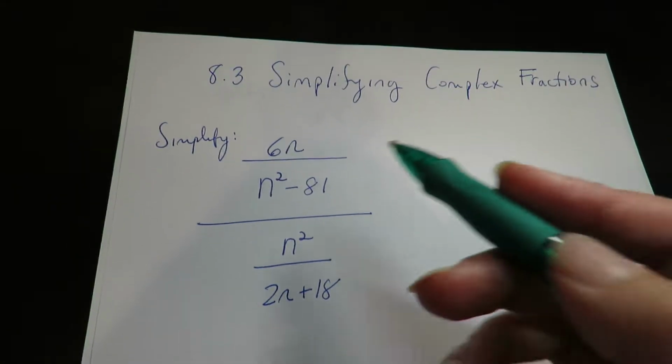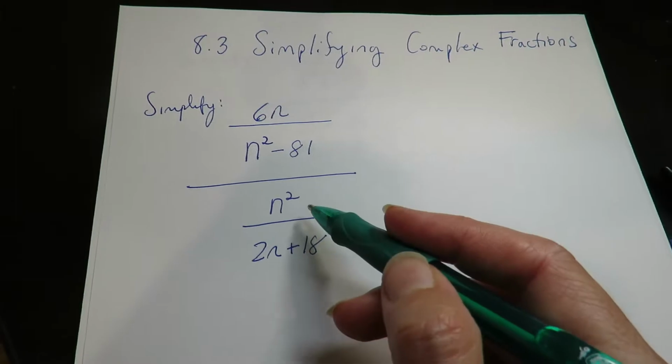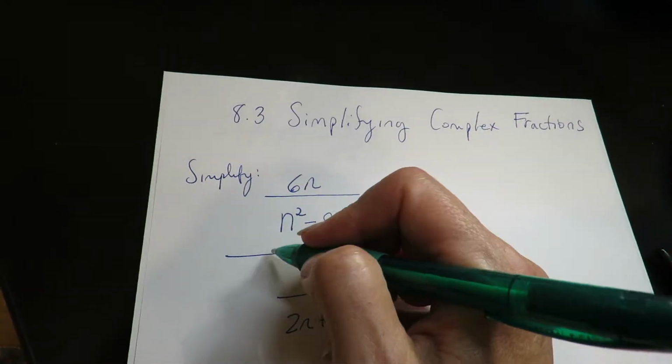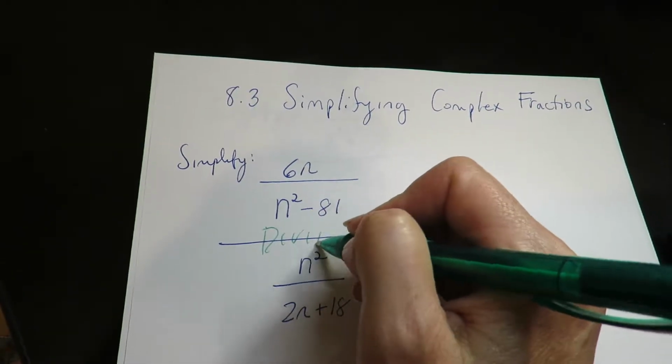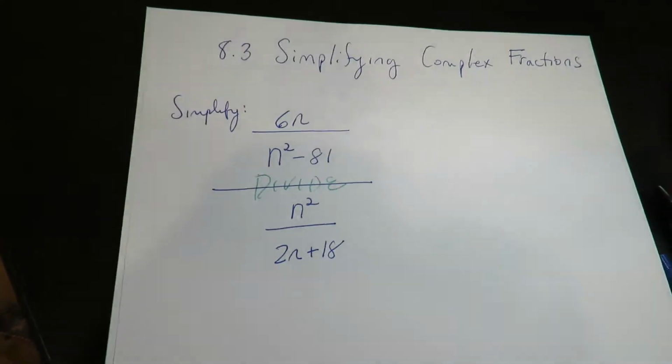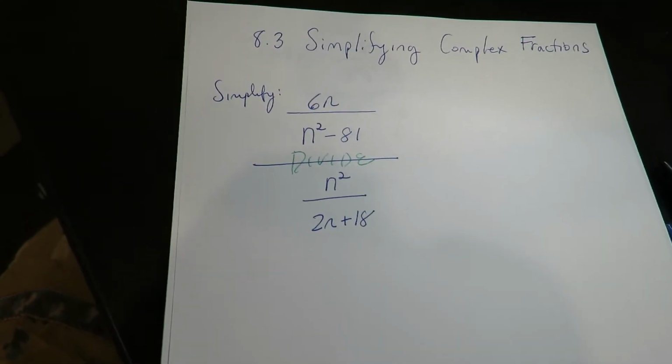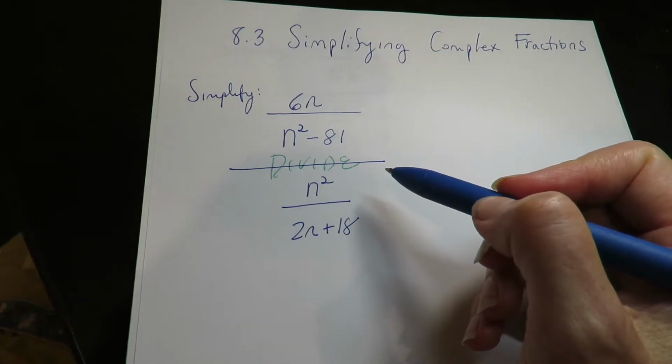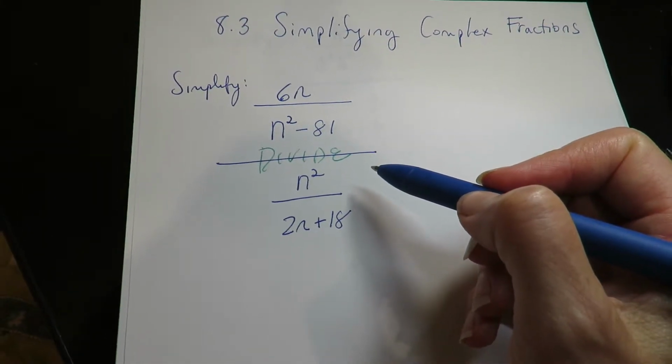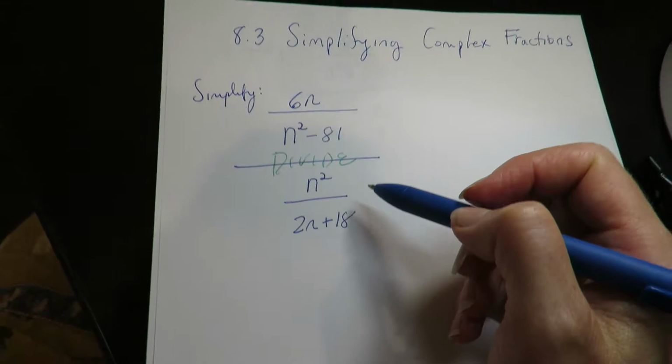So step one is to get one fraction over one fraction. And once you have that, you can convert it, because the idea is that it's this fraction divided by this fraction. So you'll notice that 8.3 is a combination of 8.1 and 8.2.